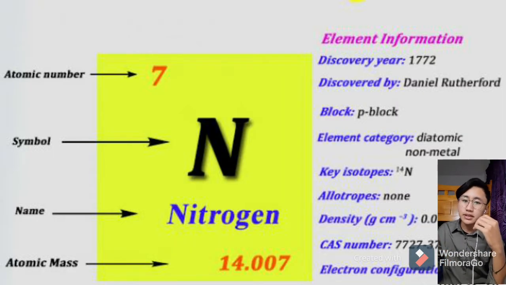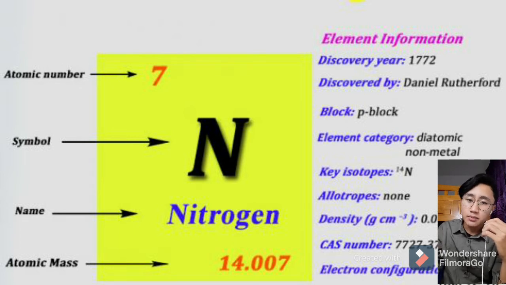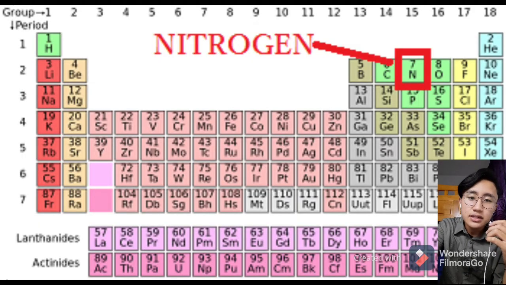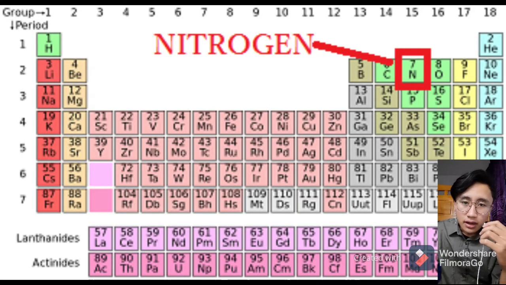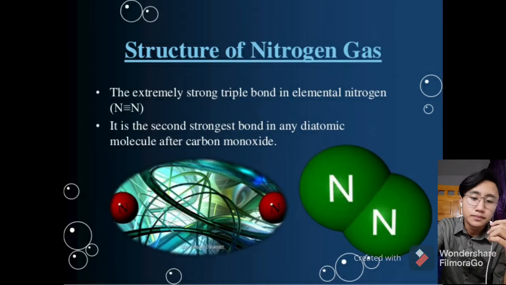Nitrogen has the symbol N and the atomic number 7. The atomic mass is 14.007 and it is located at group 15 and period 2 in the periodic table.